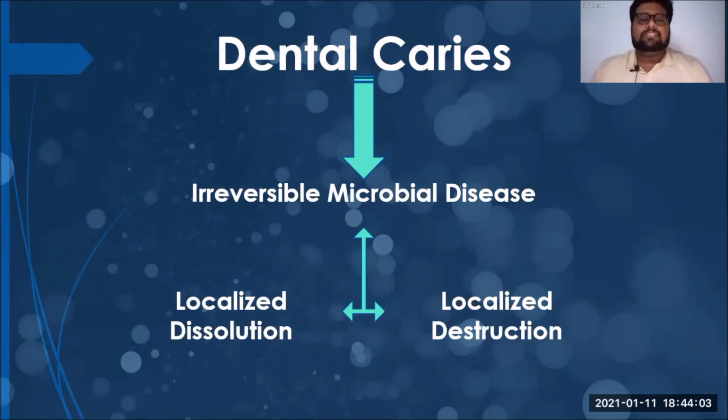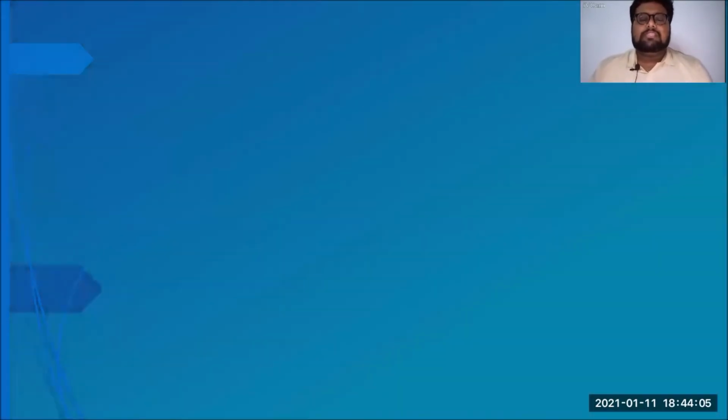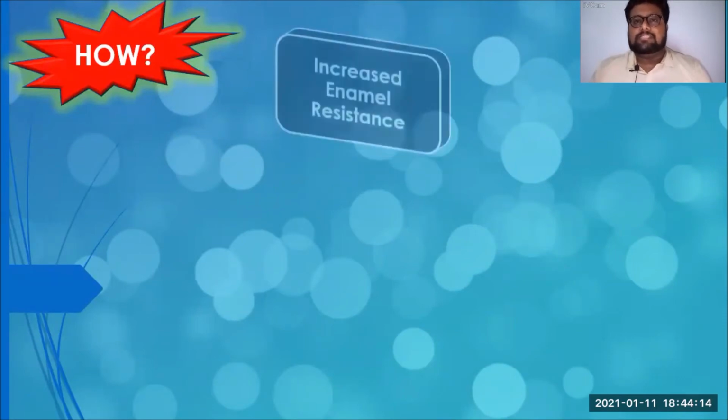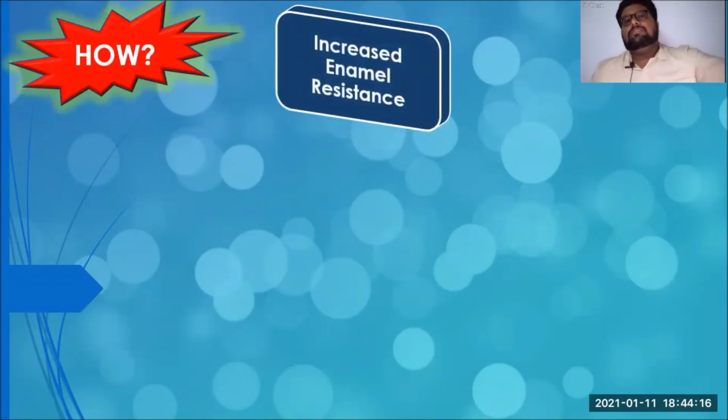How is it going to prevent caries? To understand this, I'll tell you a few mechanisms. The first thing it does to prevent caries is cause maturation, that is, enamel resistance.